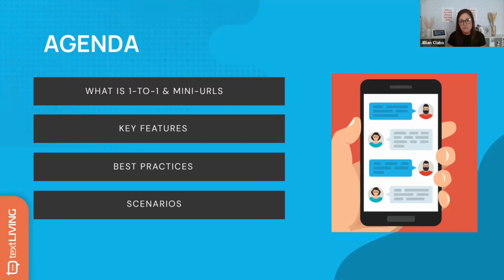I'll go through some key features of both, best practices of both, and I do have a couple of scenarios for the one-to-one that I'll share with you. Whenever I do these scenarios, all that's doing is hopefully giving you maybe some ideas of different industries you can go after. And obviously we can have a conversation of how different industries can utilize these different tools as well.